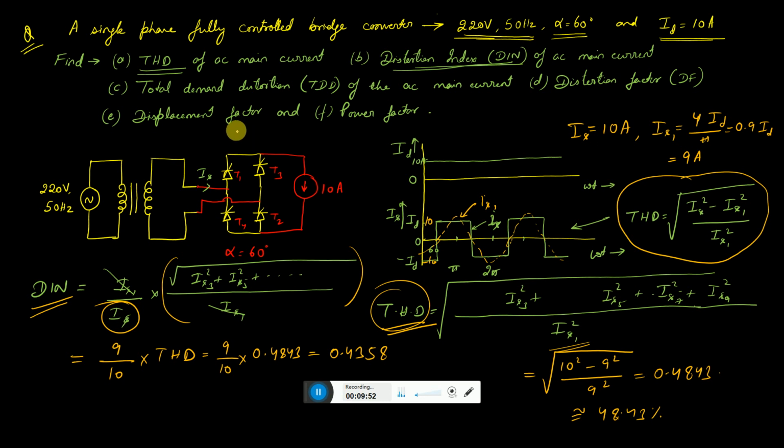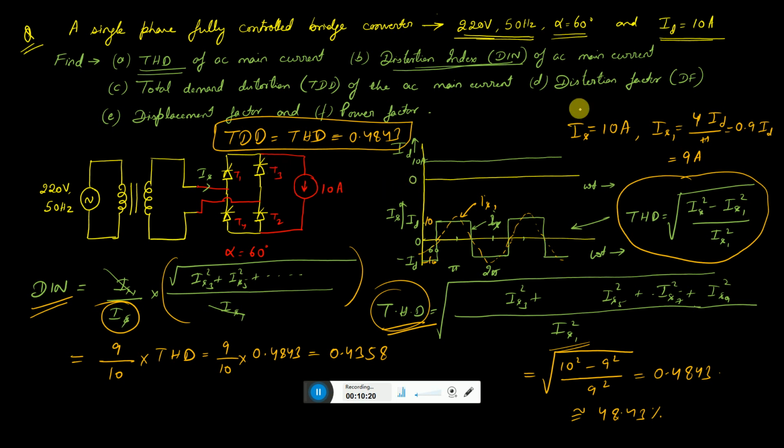This value of TDD will be equal to THD only, because it is working on the rated value; we're talking about the total current of 10 ampere. So TDD will be equal to THD, and that equals 0.4843. That's the value of TDD.